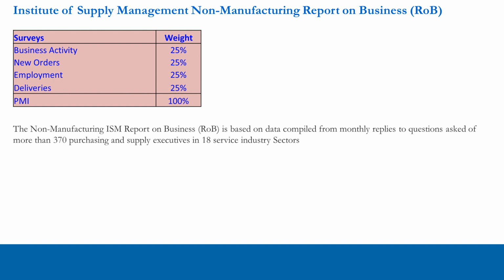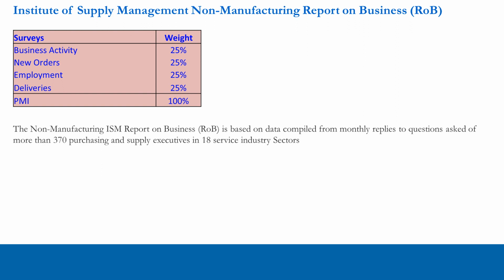So we have business activity, new orders, employment, and deliveries, all with an equal 25% weighting that make up the overall PMI for the non-manufacturing index. By far the most important are business activity and new orders, which we're going to come on to a little bit later. But the survey itself surveys 370 purchasing and supply executives in 18 service industry sectors.